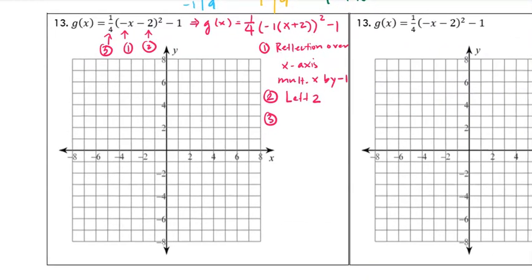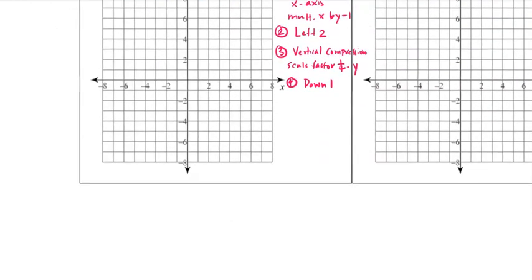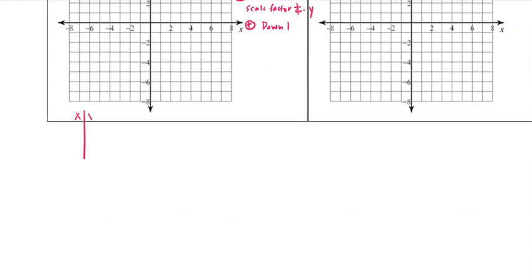That's a vertical compression, and the scale factor is 1/4, and we're going to multiply that by the y's. And then number 4, we go down 1. Okay, and I'm going to show that on my table. (0, 0), (1, 1), (-1, 1), (2, 4), and (-2, 4).